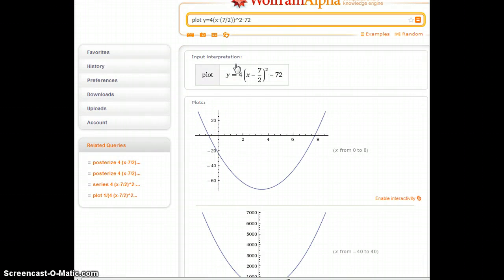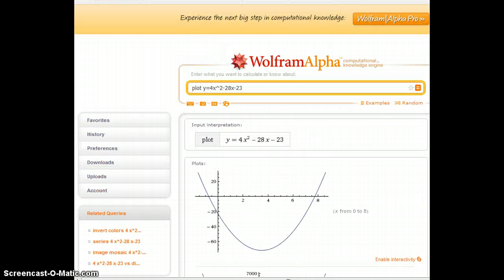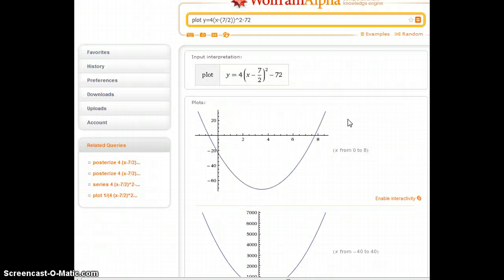Then I also graphed y equals 4 bracket x minus 7 over 2 all squared minus 72, and we get the exact same graph. We have an x-intercept there of almost negative 1, between positive 7 and positive 8. Looking at those two graphs, they're definitely the same thing.